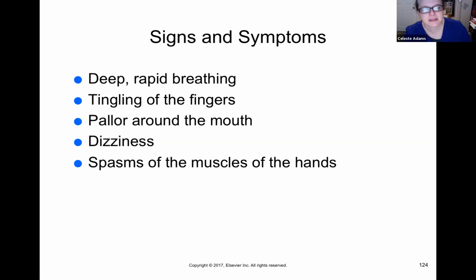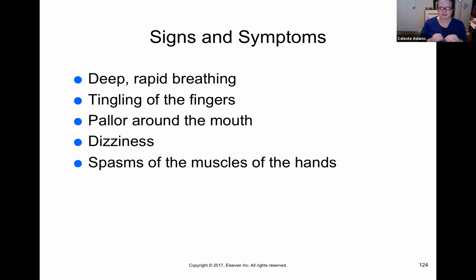Pallor around the mouth. Does anybody know what pallor is? Pale. Pale equals low blood, right? So that would make sense, because that patient is blowing off CO2 too fast. They're not retaining it, so they're not getting the proper oxygen CO2 balance in their blood. So they're going to lose blood to that particular area and it's going to be pale. That's a little way to think about it.